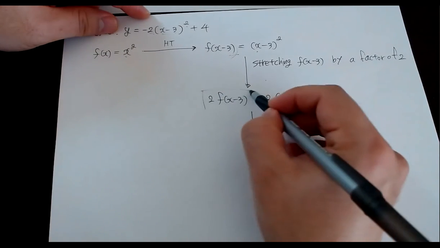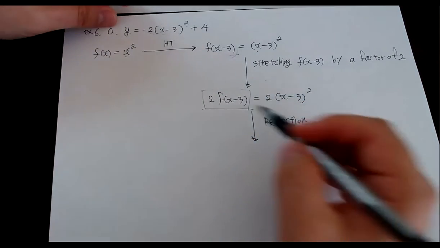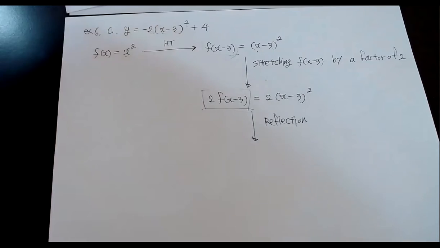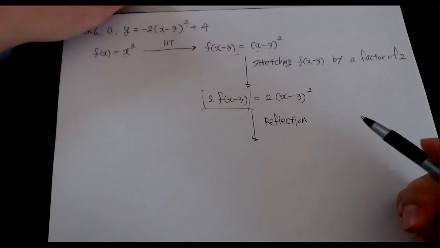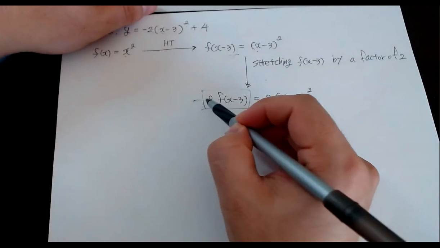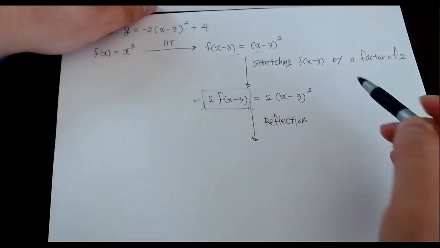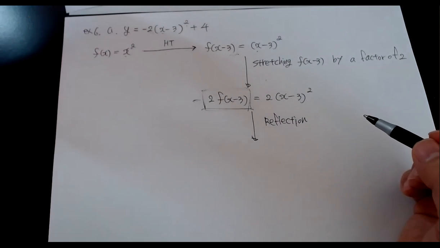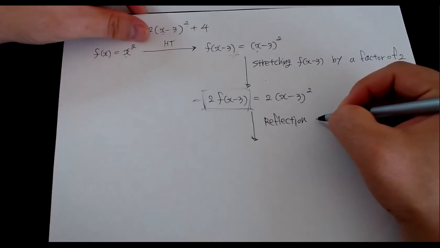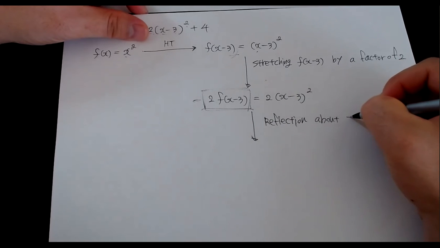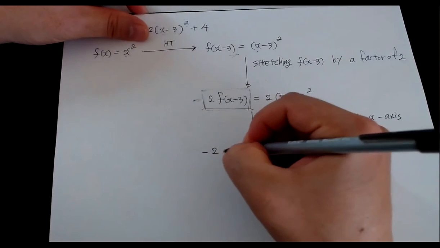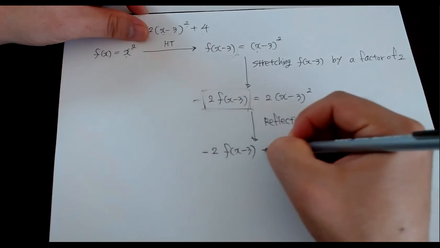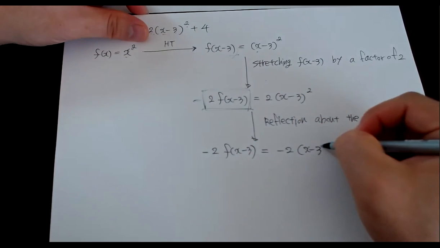We just consider 2 times f of x minus 3 as one new function. Then we put the negative sign on that function, which means a reflection about the x-axis. So negative 2 times f of x minus 3 is equal to negative 2 times x minus 3 squared.